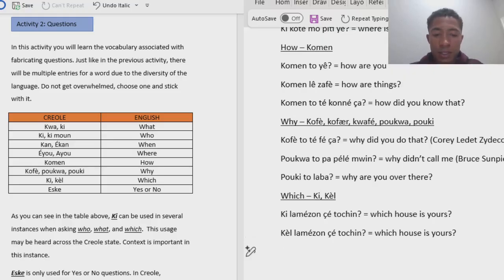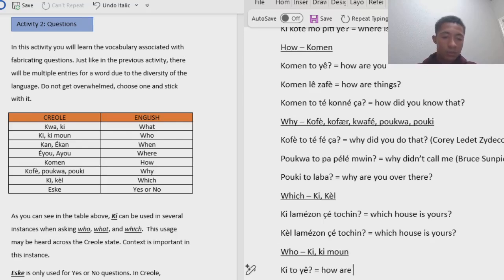For the last of the big W's, you have who, which can also be ki or even kimun. So ki, kitoye. Who are you? Kitoye. Or you can say kimun toye. Who are you?